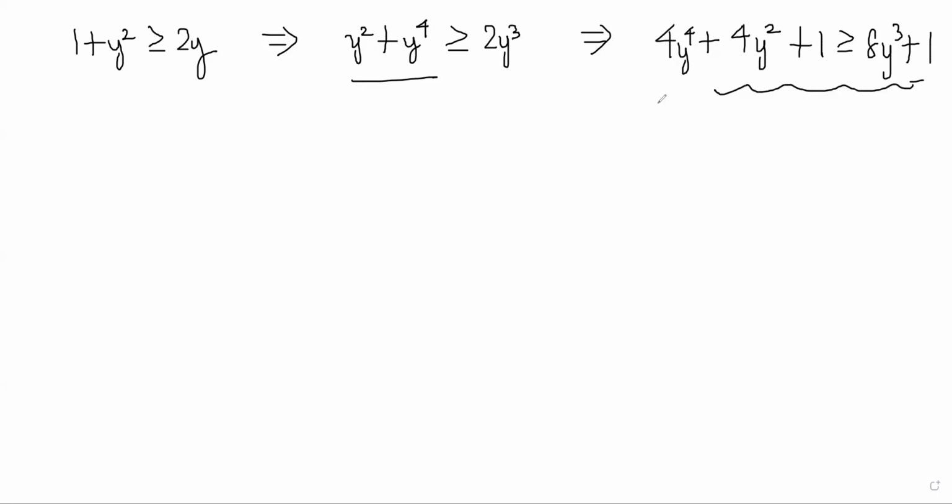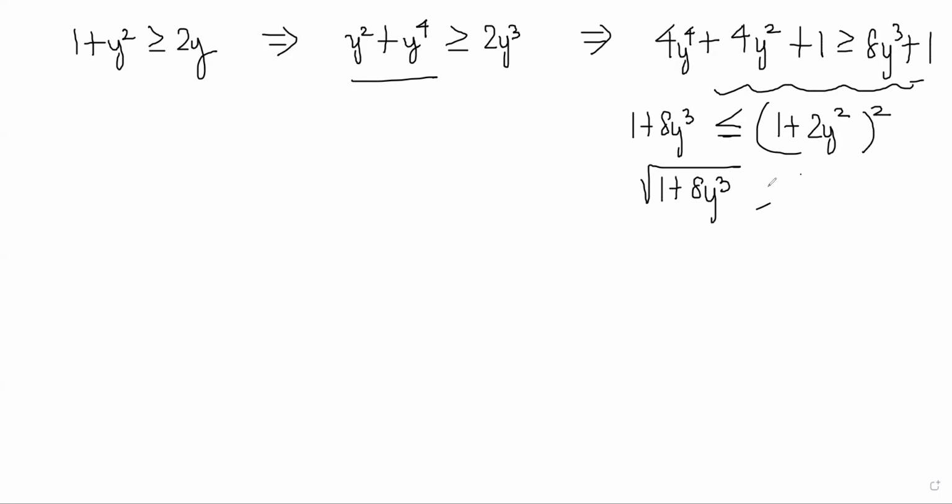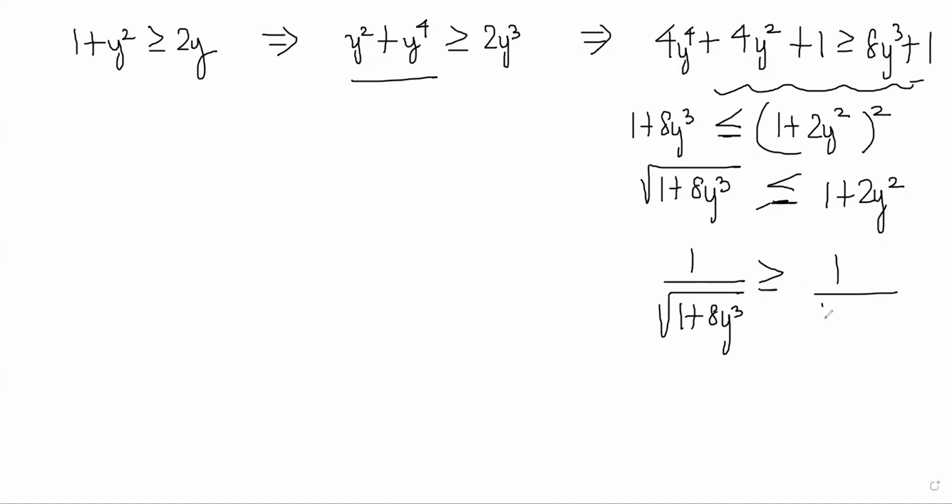That's what I have done here. So that means 1 plus 8y cube is less than equal to 1 plus 2y square whole square. Right? So root over 1 plus 8y cube is less than equal to 1 plus 2y square. Right? So therefore, 1 by root over 1 plus 8y cube will be greater than equal to 1 by 1 plus 2y square. Right?